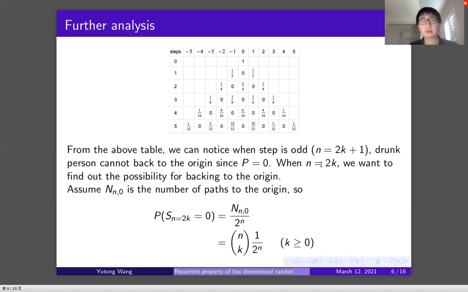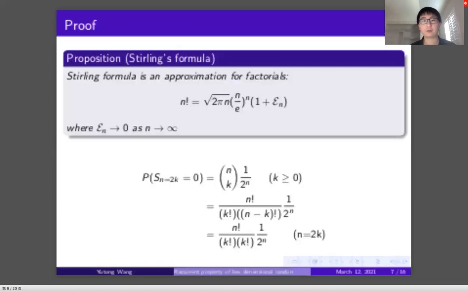Assume the capitalized N is the number of paths to the origin. The probability of getting back to the origin equals capitalized N divided by the total paths, which is 2 to the power n. We can also write it in binomial coefficient form.